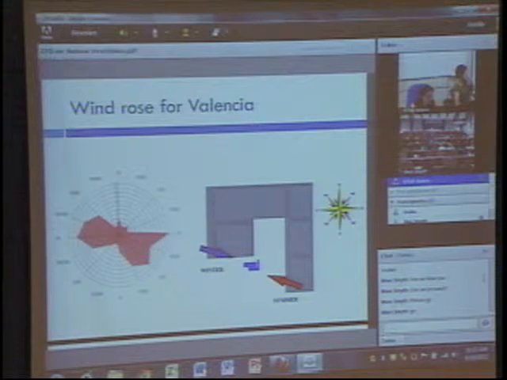So these are the main conditions of the winter coming from the northwest, and the summer coming from the southeast direction. The more interesting condition to simulate is the coming from southeast condition, because it's in summer when we're going to need the natural ventilation close to the temperatures of Valencia city.